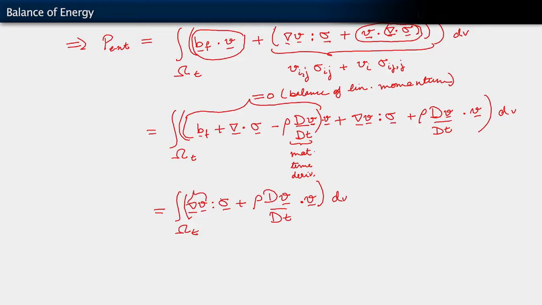In general, it isn't, right? In fact, when we first introduced the spatial velocity gradient, we wrote it out in terms of its symmetric and skew-symmetric parts, d and omega respectively. So d is the rate of deformation tensor, which is symmetric, and omega is the spin tensor, which is skew-symmetric. But sigma, however, is symmetric.